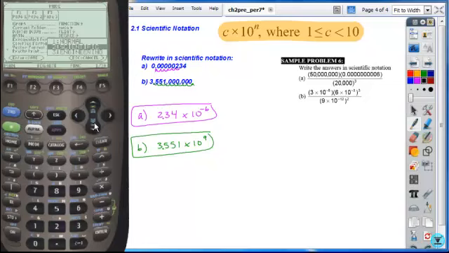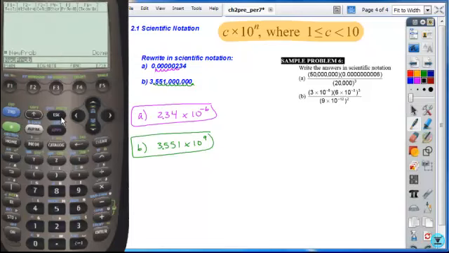If you're really struggling with scientific notation, that would help you figure it out. Hopefully you don't need to do that, and you can do the conversion by hand. But if not, you can change the whole mode.